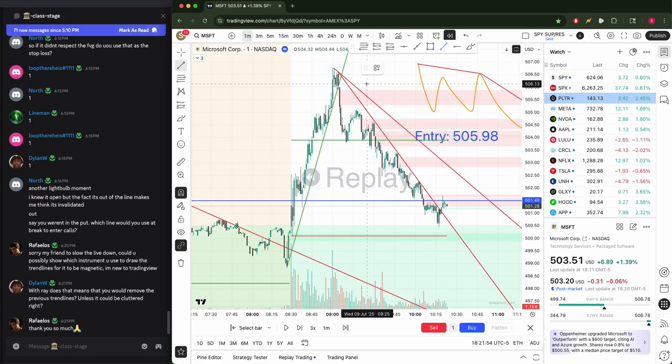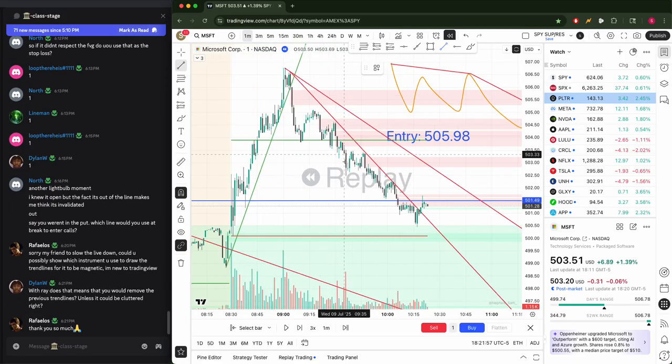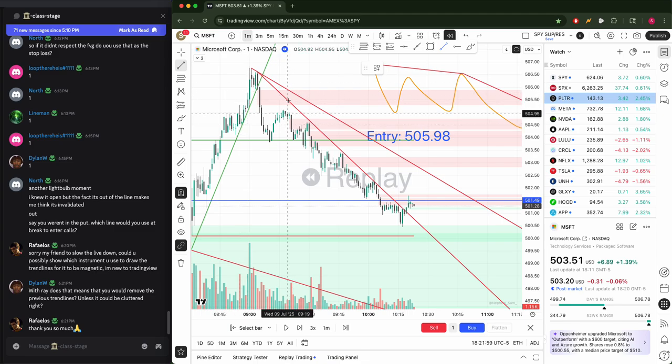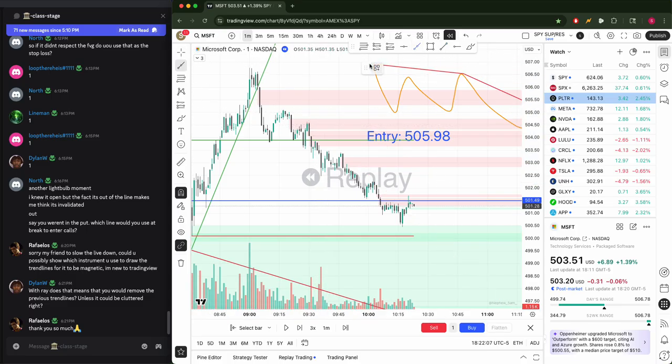So with Ray, if you're getting really choppy price action and say you're not really good with charting trend lines and you're charting every single move, it would look like this.